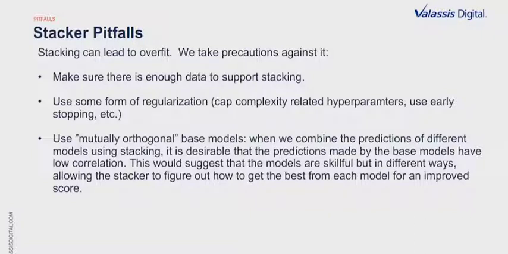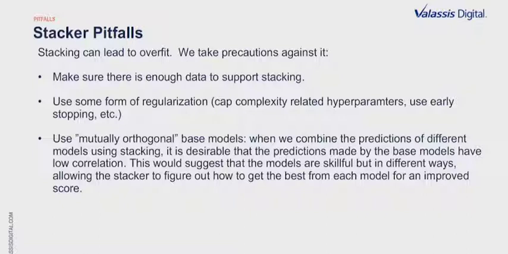So we want to avoid that. We also want to use some form of regularization. For example, if your base learners are decision trees, you may want to put a cap on how deep the tree could be, how many samples we're considering at each split, or the minimum number of samples in each leaf node. We could also use early stopping, etc.